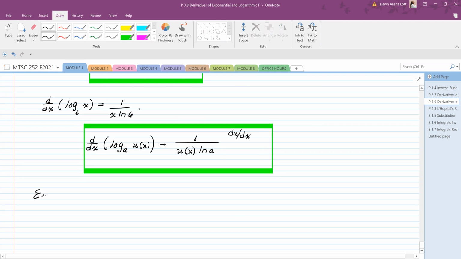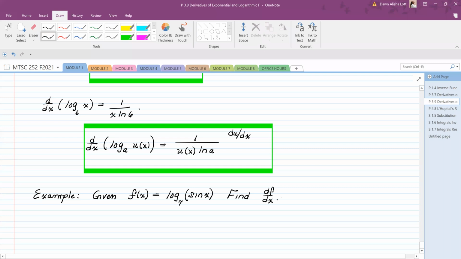Example. Given f of x is equal to the log base 7 of the sine of x, find df dx.